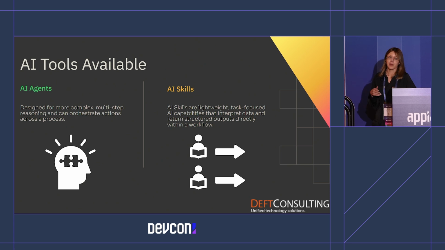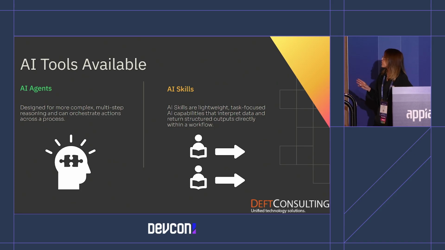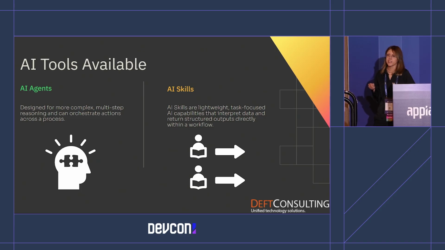Of course, there are many other options and many other AI features available inside Appian, but I wanted to focus on these main two, and more specifically on AI skills. Because on AI skills, we have 5 different types of capabilities, which can be either to extract information, summarize information, PII detection, and so on.